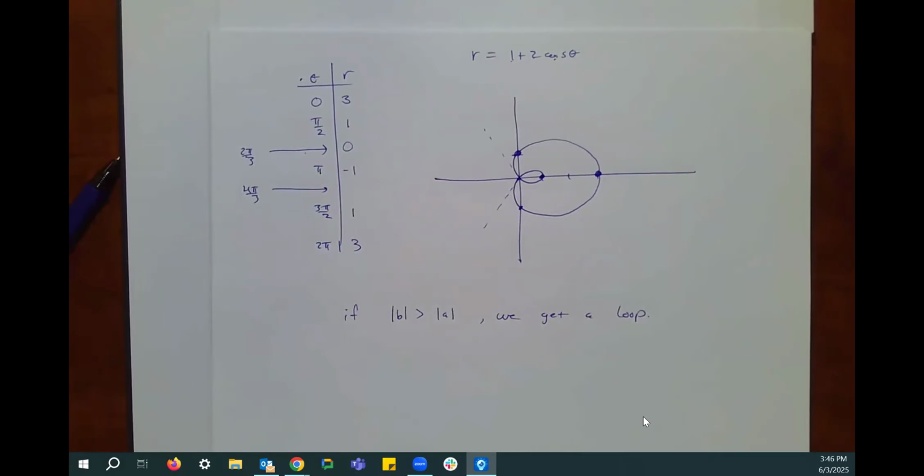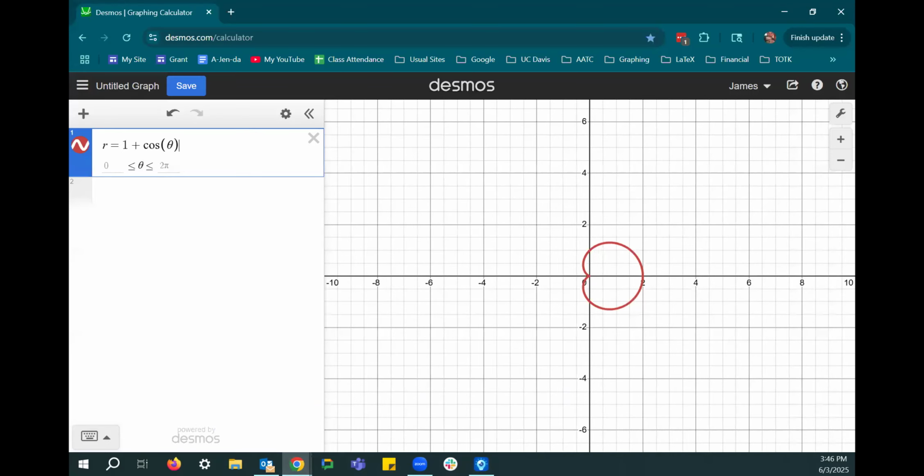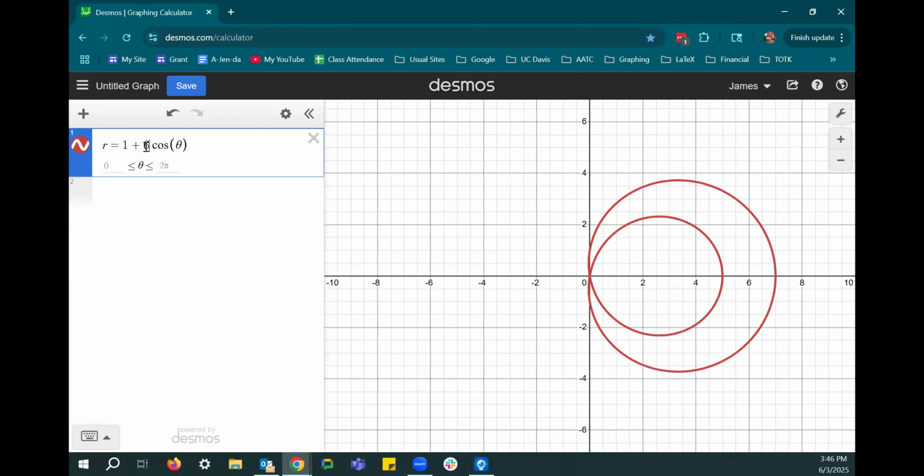Let me show you what I mean. I know I just showed you, but let me show you how it works, even if you have less nice values. So for example here, there's the one we just graphed. But really, anything bigger than 1 will make that loopy, making me loopy.